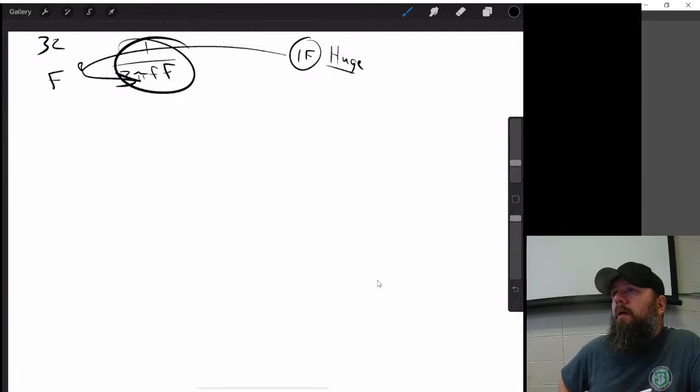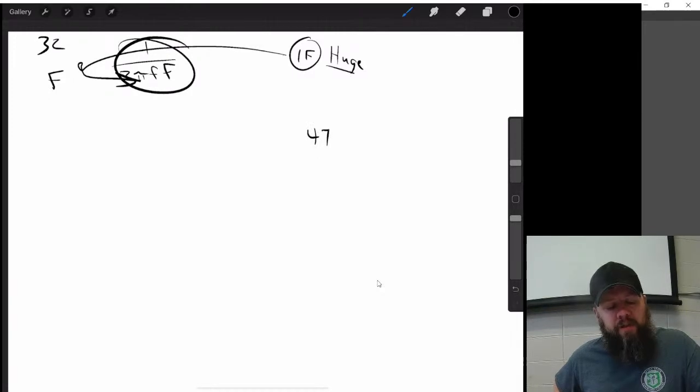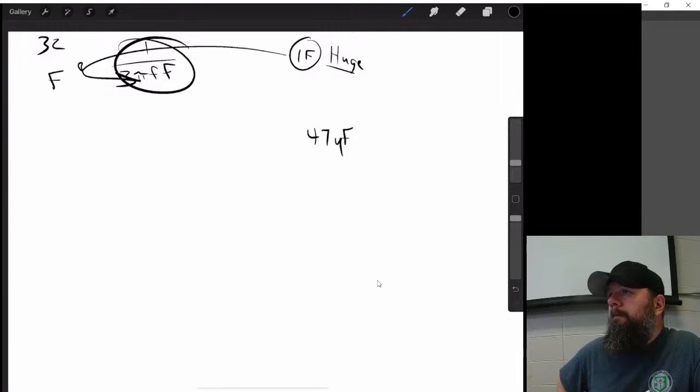Even big capacitors might be, let's say, 47 microfarads. When we did inductance, we did pretty big henrys, like a full henry. Very rarely are you ever going to do a full farad.